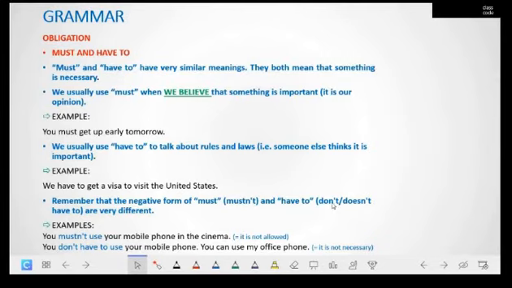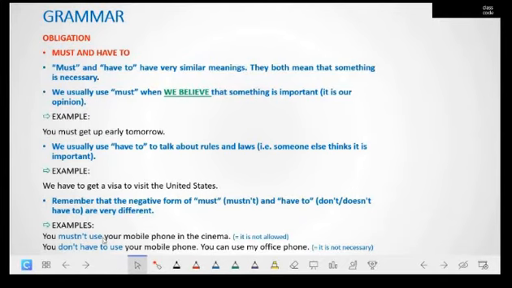So he doesn't have to go home. He doesn't have to eat his breakfast. It doesn't have to, for example, sleep, for example.